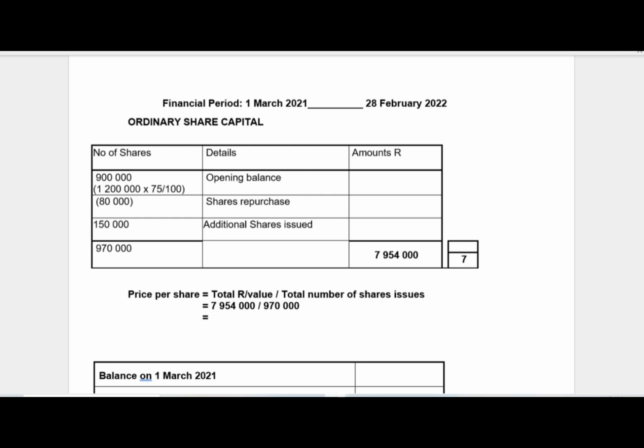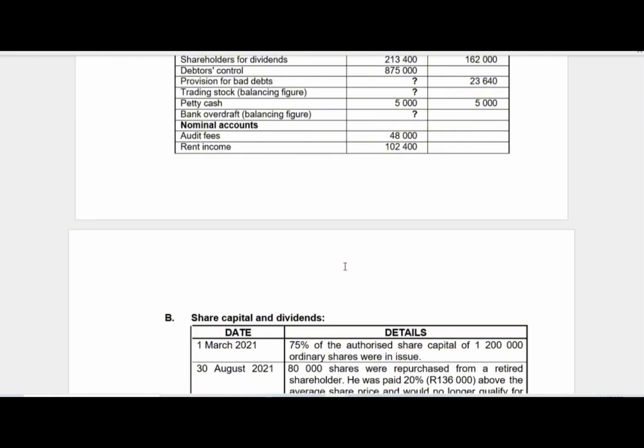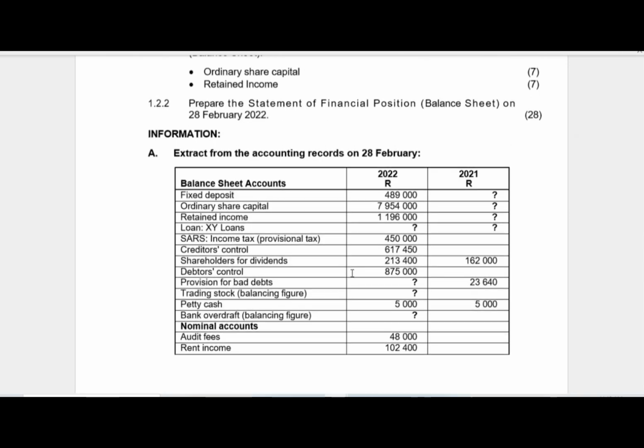So let's go to the question again. So there was an additional issue. I want us to verify something quickly. Let's go to our additional information up there. They did not give us at the beginning, so I'm getting 8.20 rand per share.